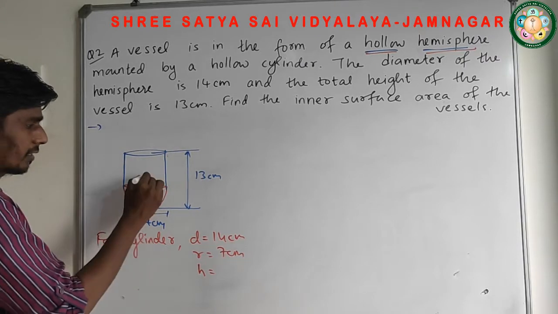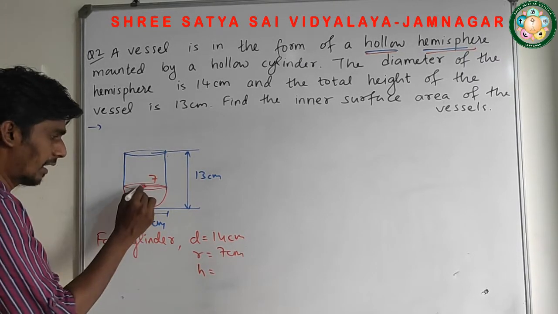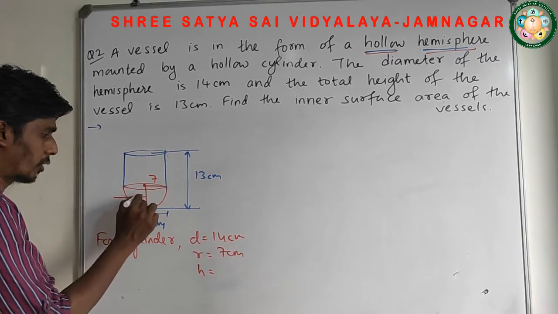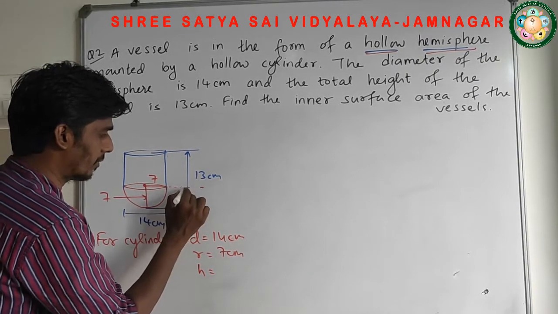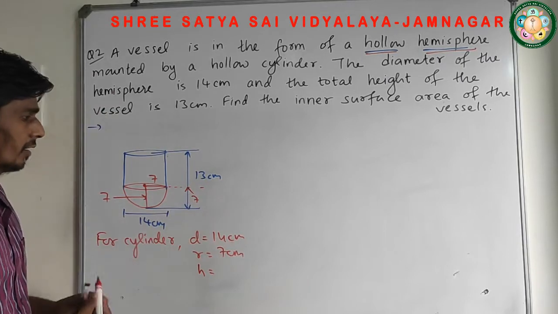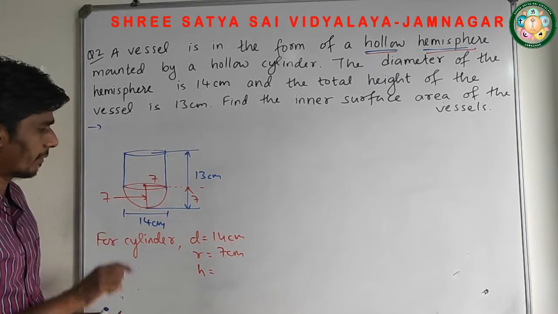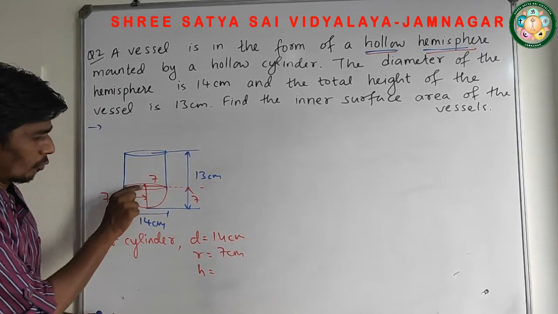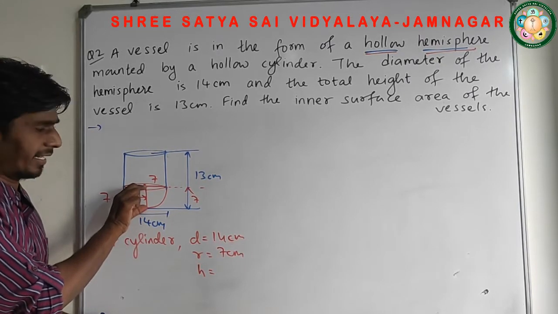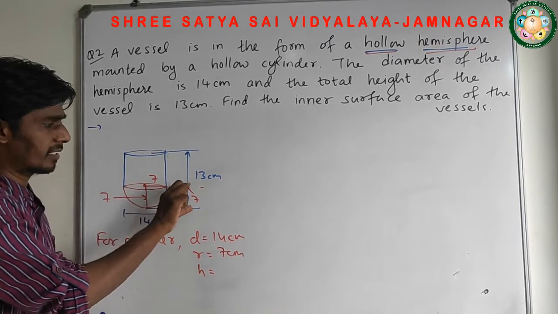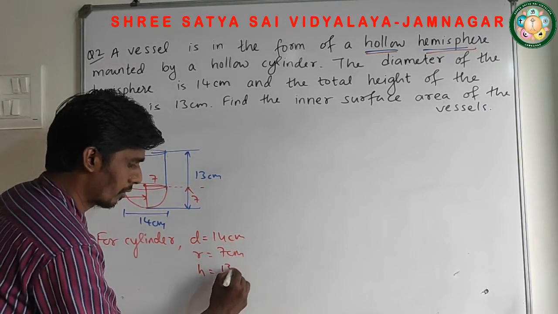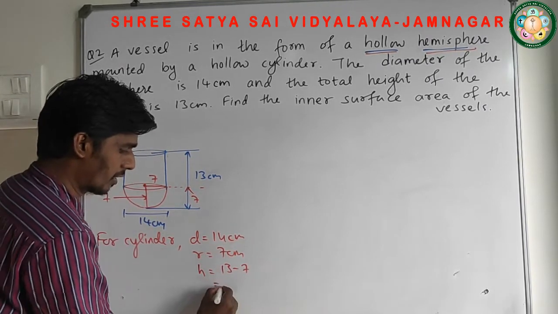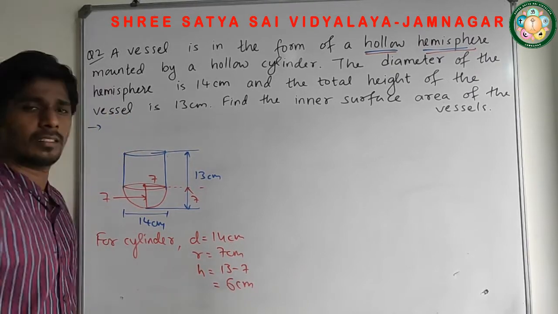This radius is 7. Then from the center to this point is also 7. So up to this part, this is 7. This whole is 13. Again I am repeating. The height from the center of the hemisphere to here will be its radius. So the radius is 7. So 13 minus 7, how much? 13 minus 7 is equal to 6 centimeter.